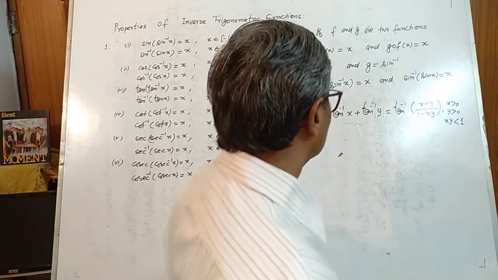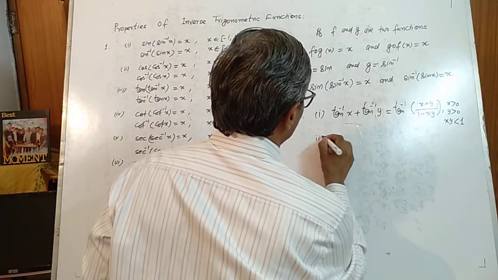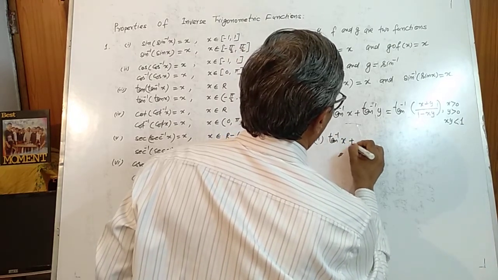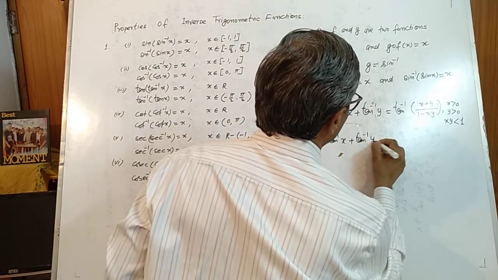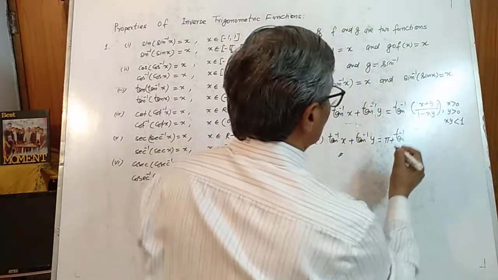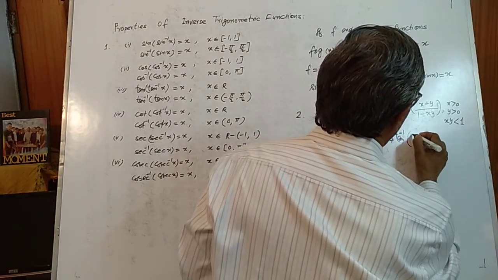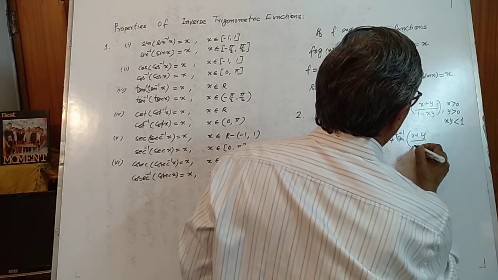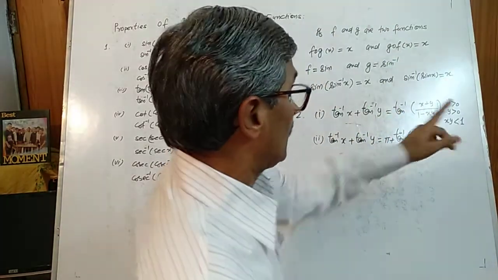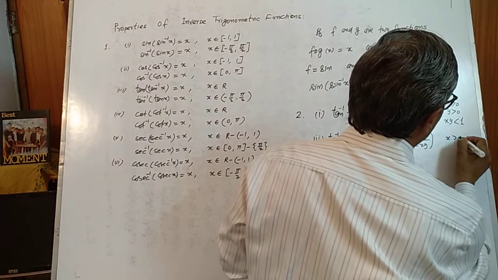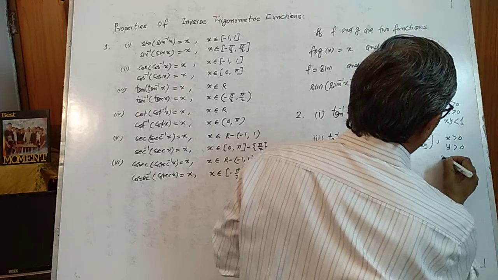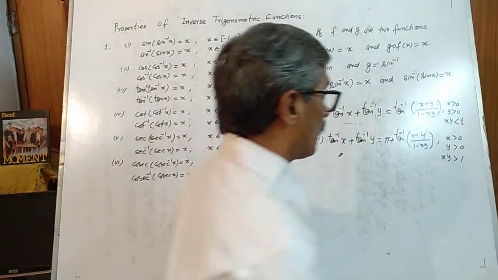If this is not the condition, the other case is tan inverse x plus tan inverse y equal to pi plus tan inverse of x plus y upon 1 minus xy. When will this be? When x is greater than 0, y is greater than 0, and xy is greater than 1.